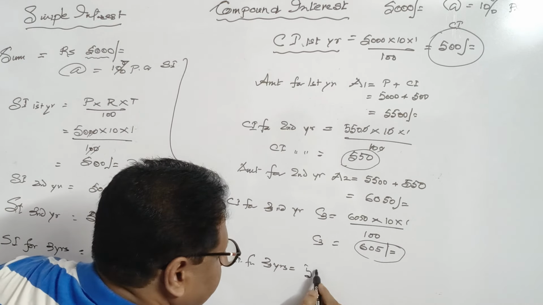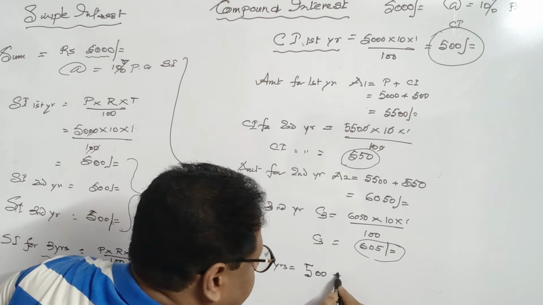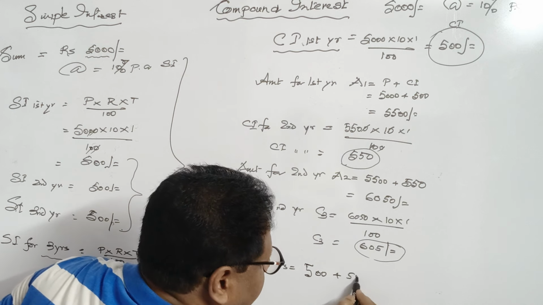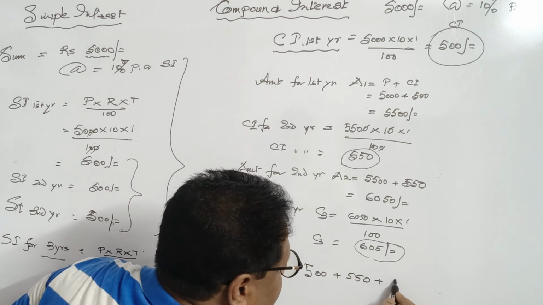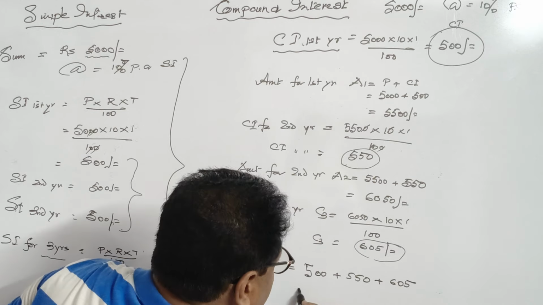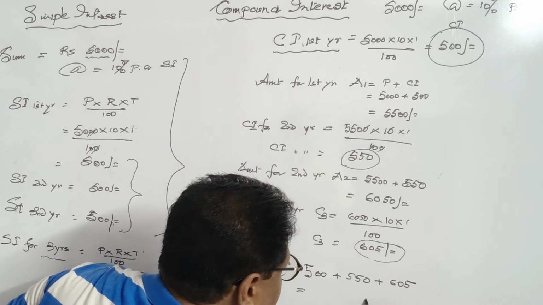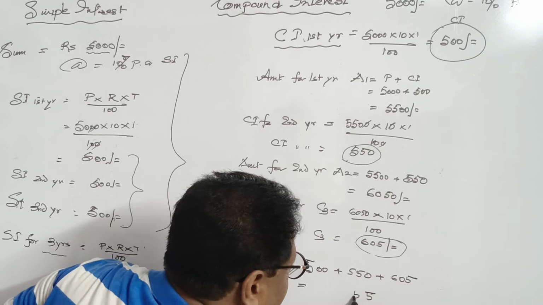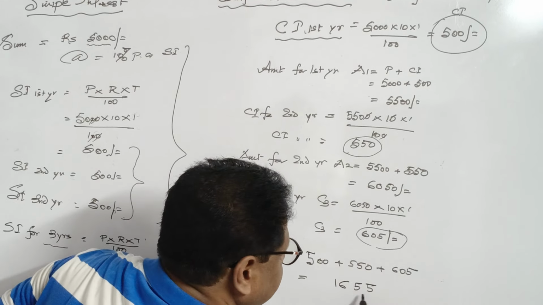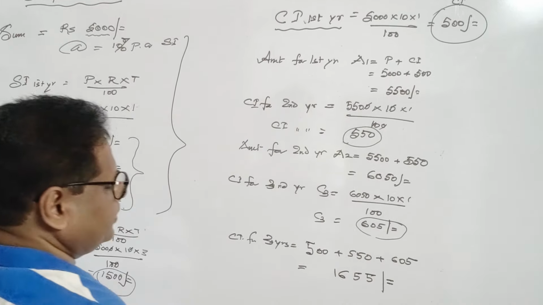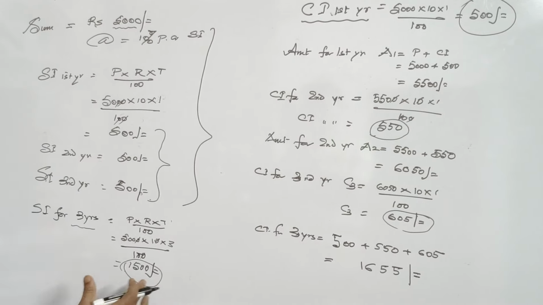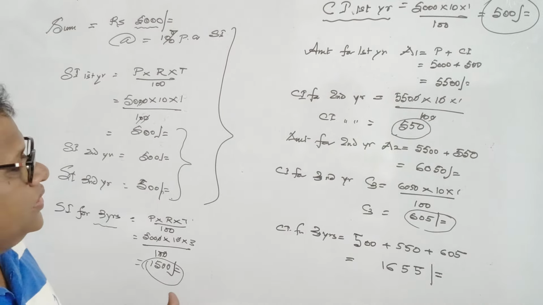So here we have 500 plus 550 plus 605. So altogether it comes to 1,655. Look at this sum and this sum. So this is the basic difference.